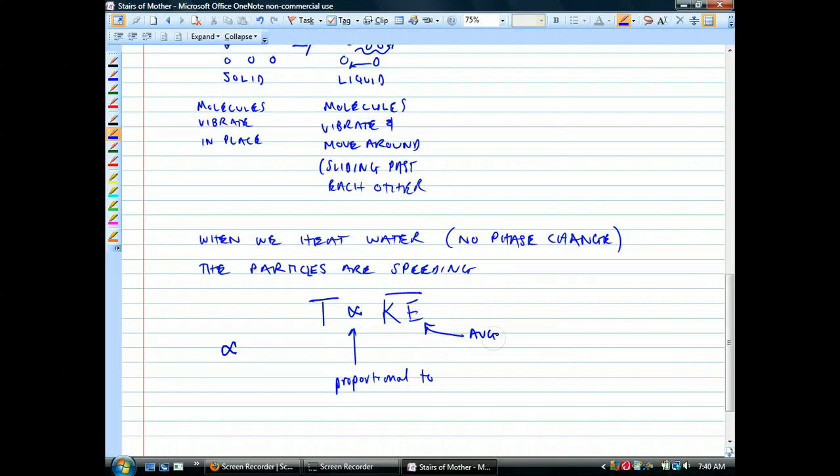It's actually the geometric mean, but the average kinetic energy of the particles. Now, what you want to notice about this is that temperature is not equal to it. It's not the same thing. There are some constants of proportionality. It's proportional to the average kinetic energy. So the higher the temperature is, the higher the average kinetic energy.